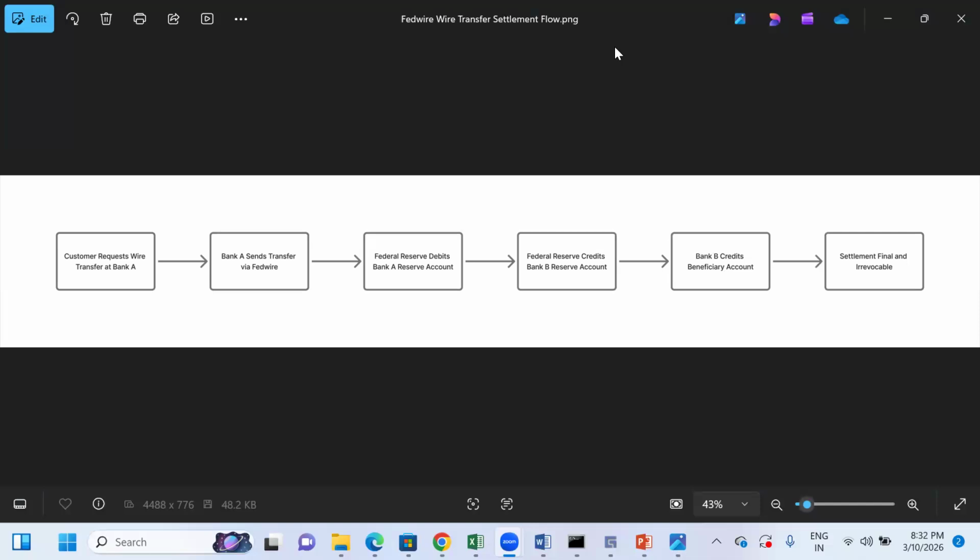This flow majorly involves debiting the sending bank's reserve account and crediting the receiving bank's reserve account, simultaneously. It should be completed within less time.